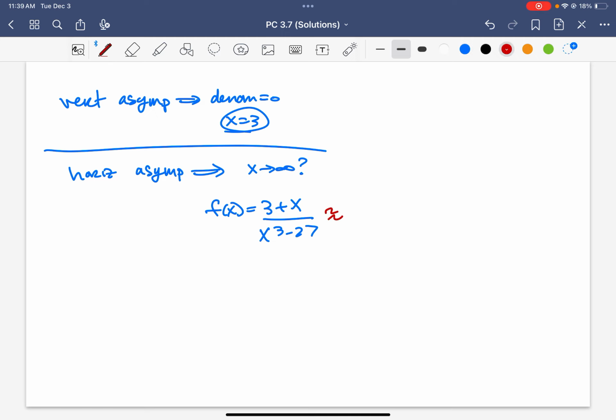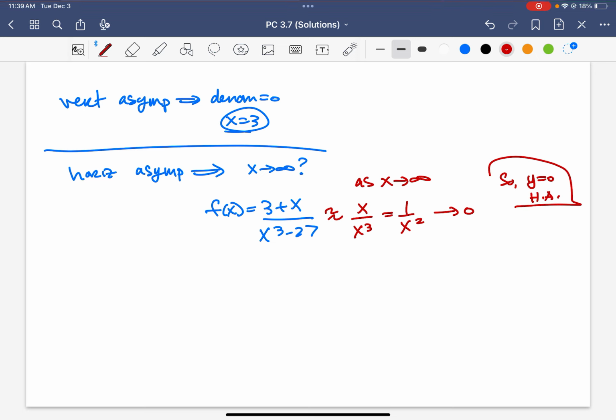And what we know is, as x goes to infinity, x is going to dominate on top, x cubed is going to dominate on the bottom. So in the long run, this is going to go to 0. So y equals 0 is our horizontal asymptote, right? All right. So that was 14.